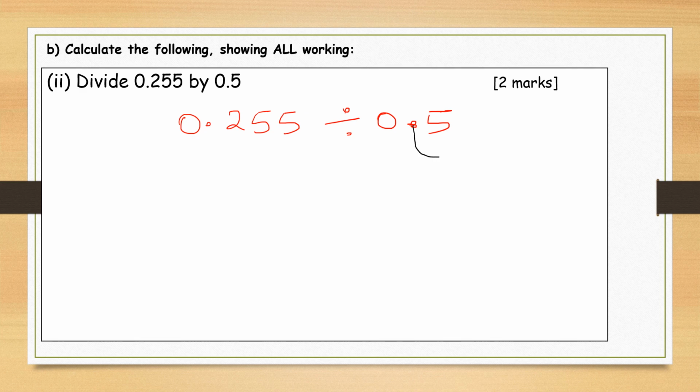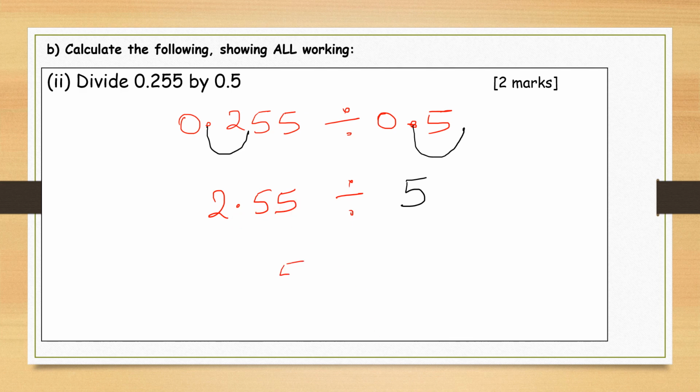We move the decimal point here, and that's going to give me 5. And then I have to do the same here. That's going to give me 2.55. So now I'm dividing 5 into 2.55.